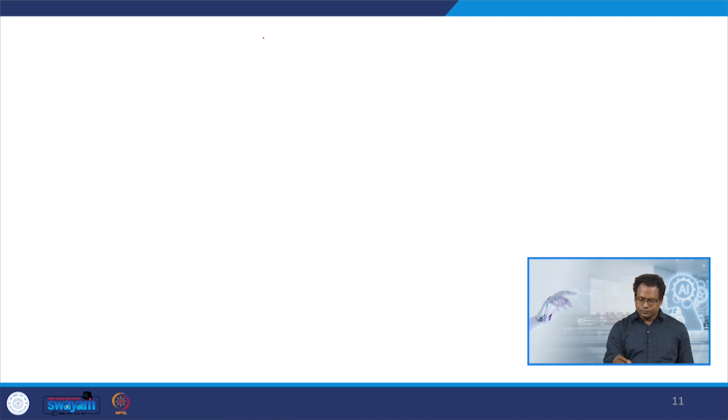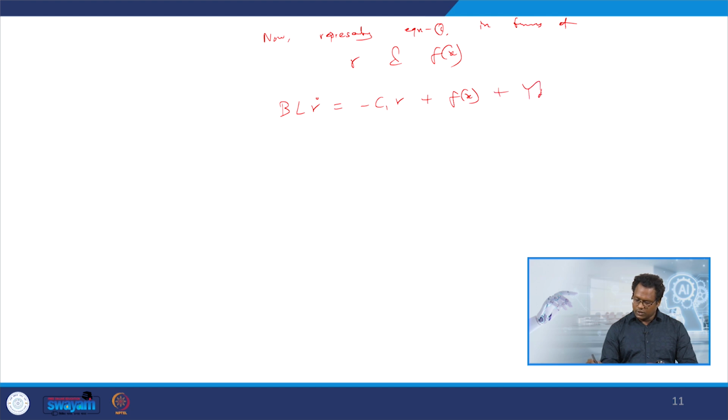Now, we are going to represent equation 1 in terms of the filtered error and the nonlinear function f of x, that is given by BL R dot equal to minus C1 R plus f of x plus tau d minus tau minus J transpose rho, say equation number 9.